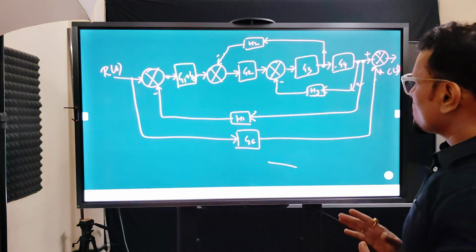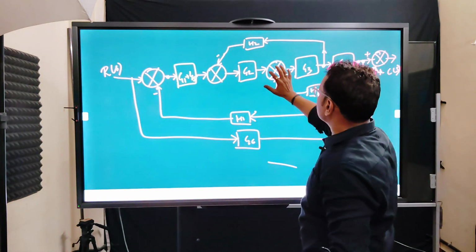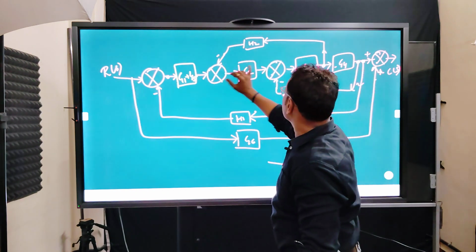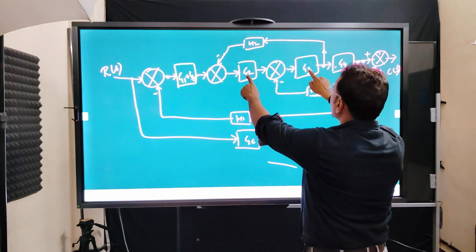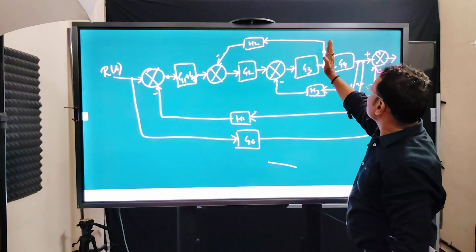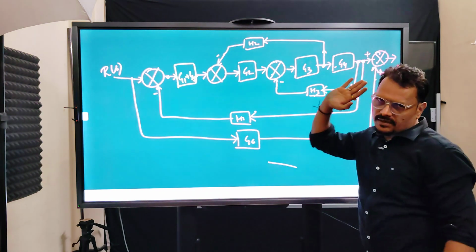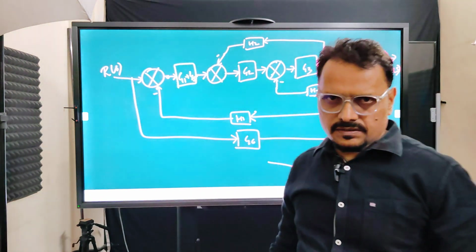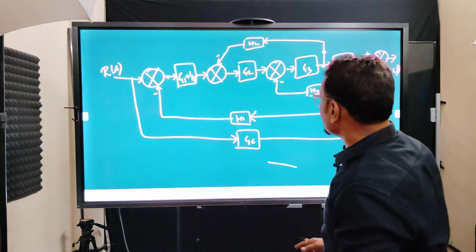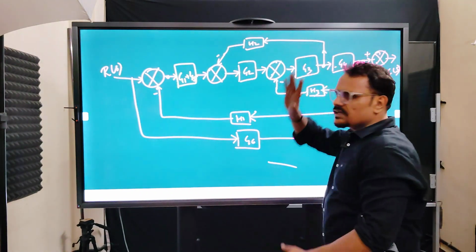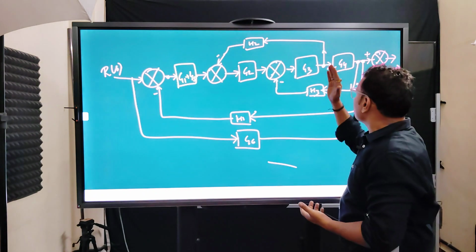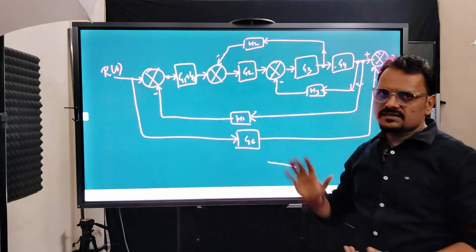Next, we have to shift either this summing point to that side, then these two will be in series, or we have to shift this to that point, and they could be in series. One can make G2, G3 in series, or one can make G3, G5 in series.